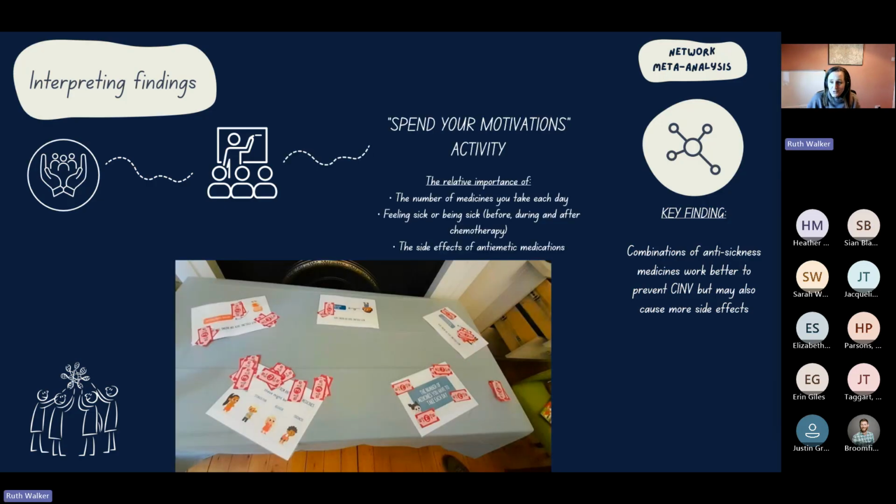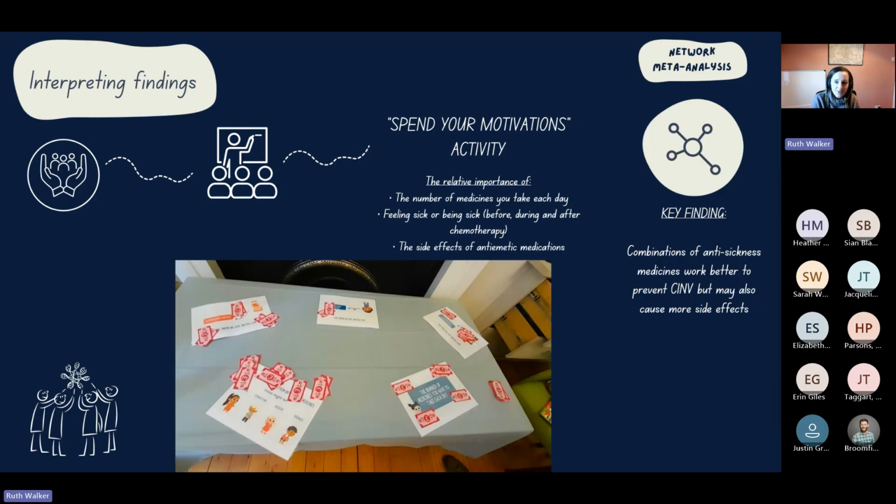So we then moved on to the first activity. The first activity that we did was called Spend Your Motivation. This was designed to determine the relative importance to people of the efficacy and safety outcomes, as well as the practicalities of taking the intervention.